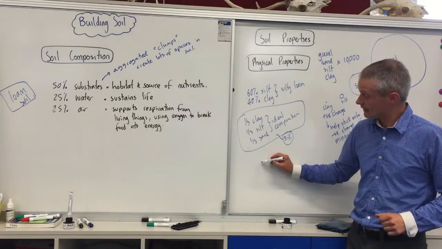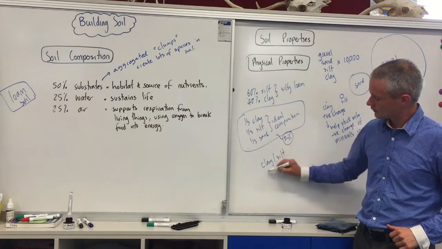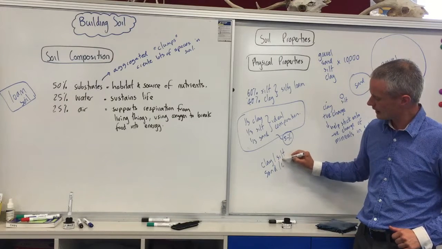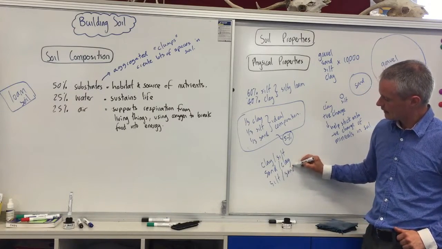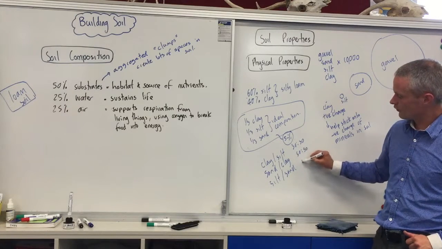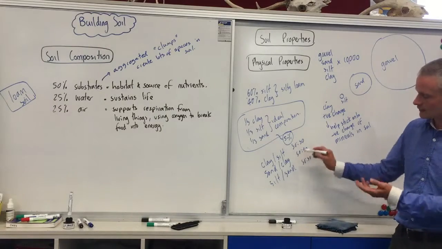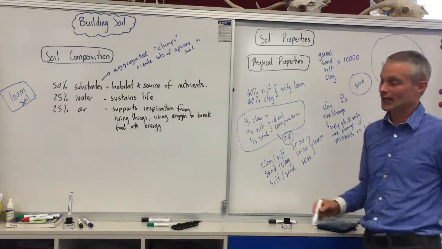You can have clay and silt, or sand and clay, or silt and sand, and roughly 50-50 composition of all of these different types will all be considered loam soils of different natures.